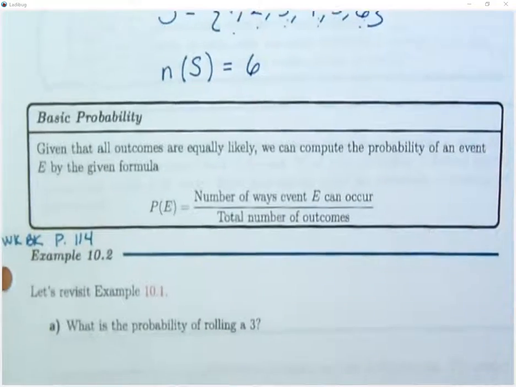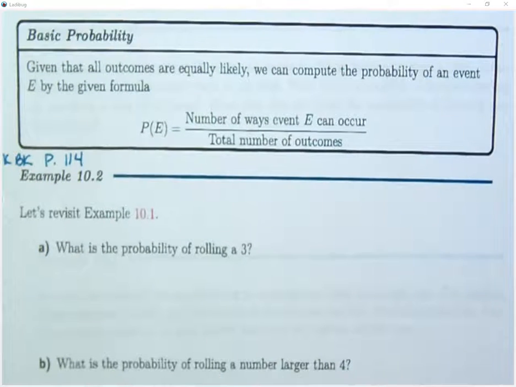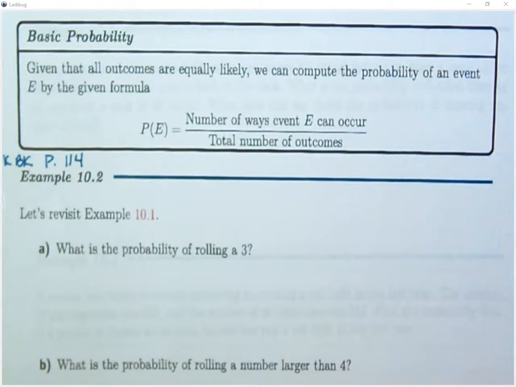Then here is a little formula for you. Basic probability. Given that all outcomes are equally likely, we can compute the probability of an event E by the given formula. So equally likely just means that it's balanced. There's not a weighted die or something on it that's making it turn to that side more than another.